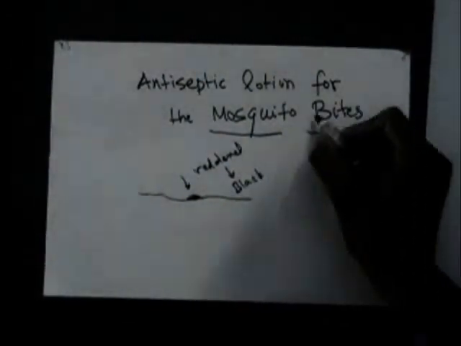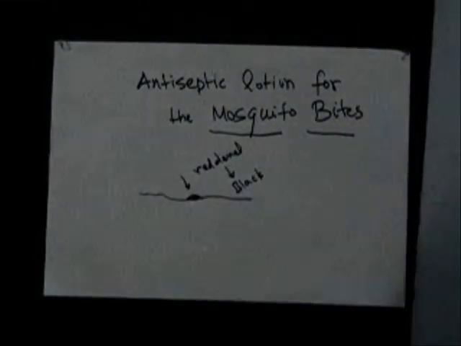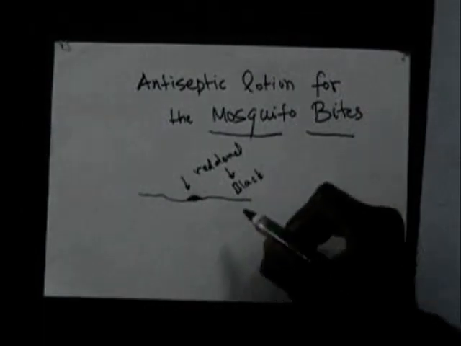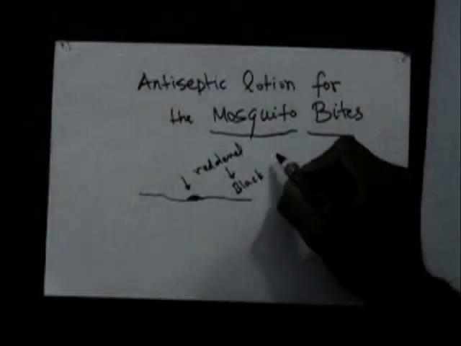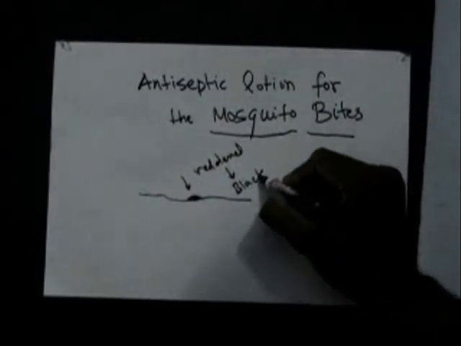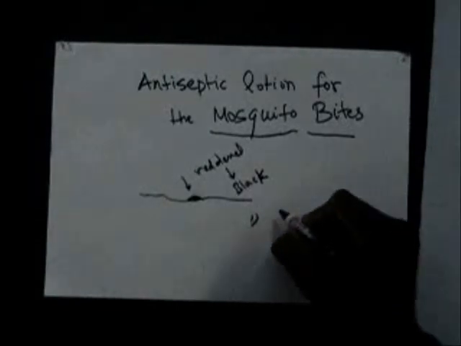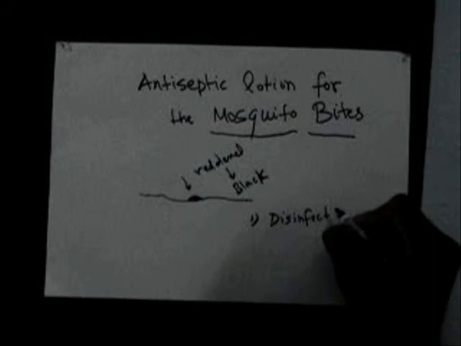If this is an ordinary mosquito, then there is an immune system in the body that protects it automatically. But if the mosquito has a deadly bite, then it becomes necessary to put on an antiseptic lotion. So what we are going to suggest is we put an antiseptic lotion on the body, and it will disinfect the bite.